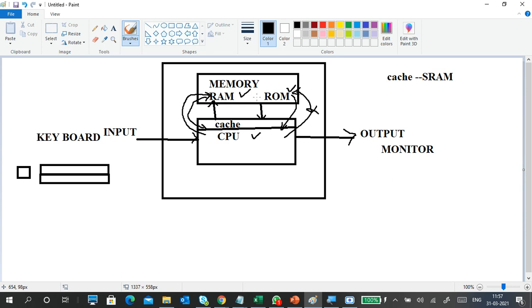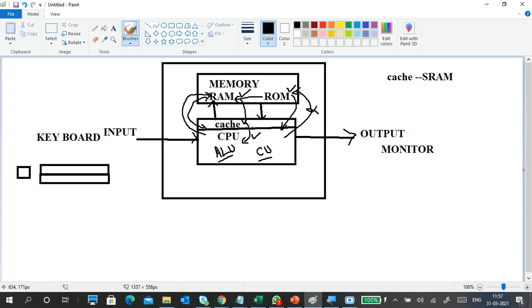When you start your PC, it loads instructions from the ROM to RAM. Actually, instructions load from ROM to RAM and from RAM to cache memory, then from cache memory to the CPU, the actual CPU. The CPU again has two major parts, the ALU and the CU: the arithmetic logical unit and the control unit.